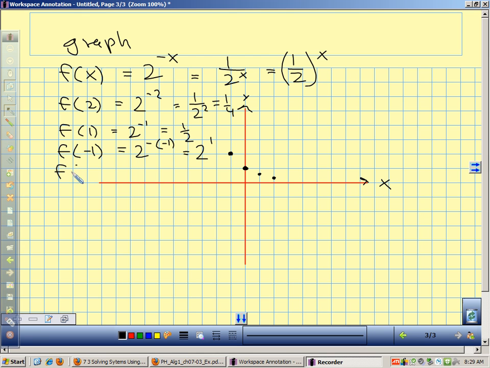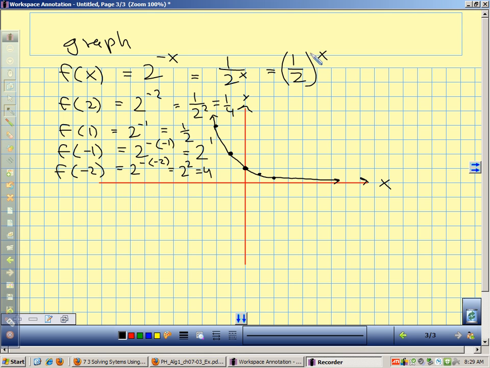And f of minus 2 is 2 to the minus minus 2, which is 2 squared, which is 4. So here is my point (-2, 4), up here. So now I connect these in a smooth curve. And my graph is going to look like this.